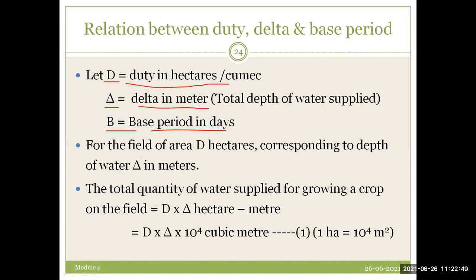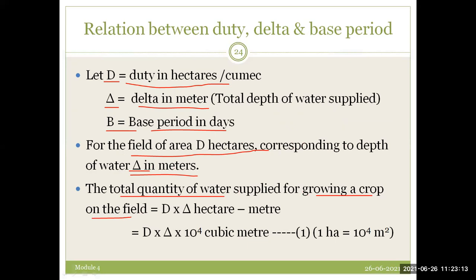So for a field of area D hectares, corresponding to a depth of water delta meters, we get the total quantity of water supplied for a growing crop in the field.